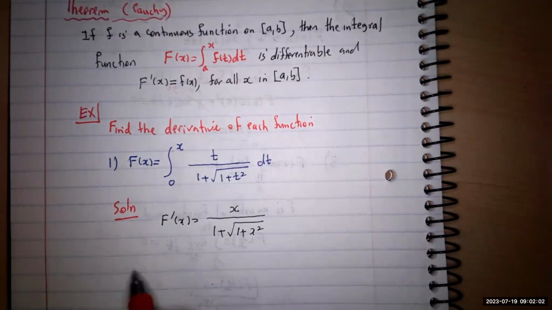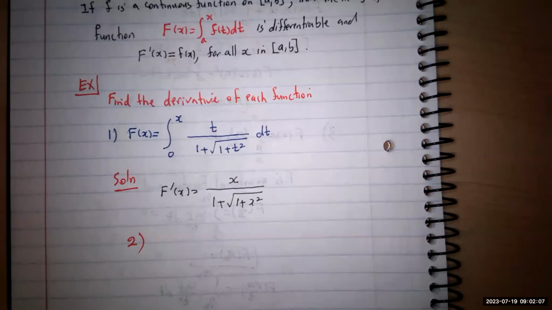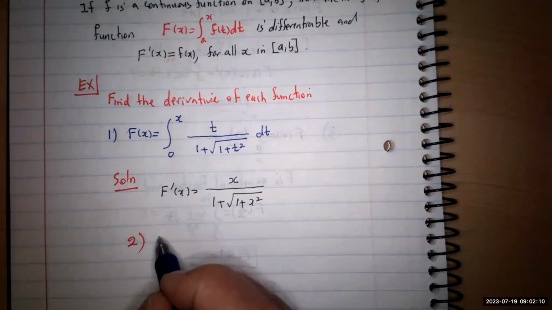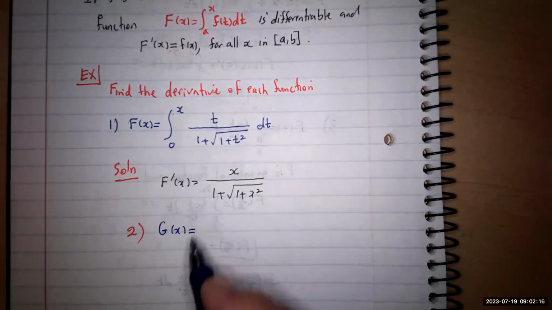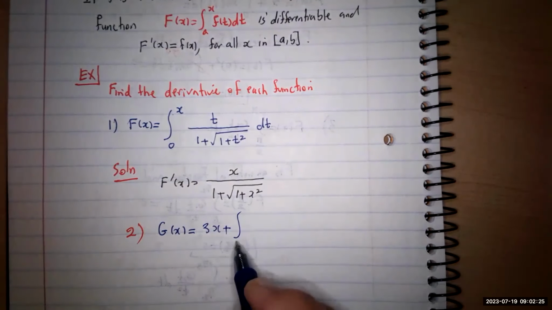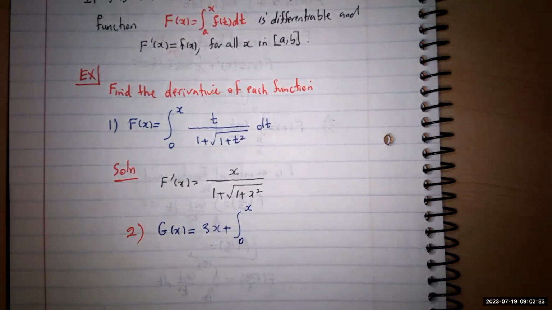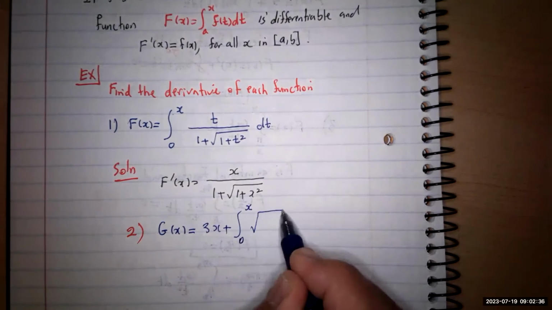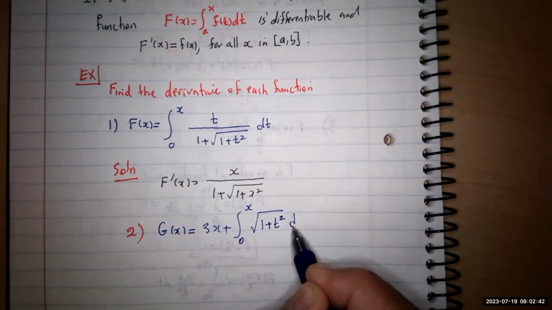Another one is going to be number 2, having something like g of x equal to 3x plus the integral from 0 to x of the radical of 1 plus t squared dt.